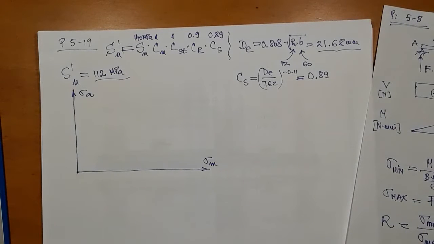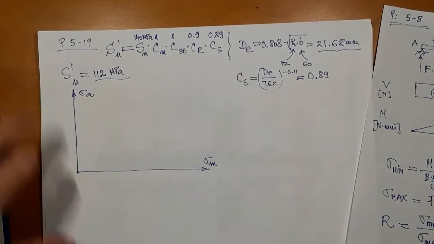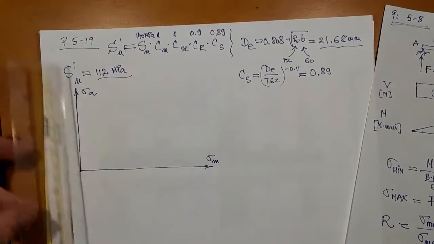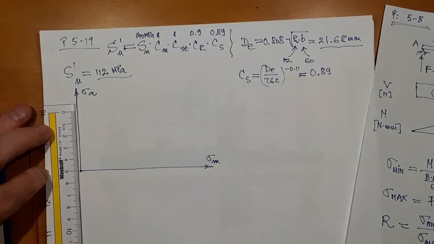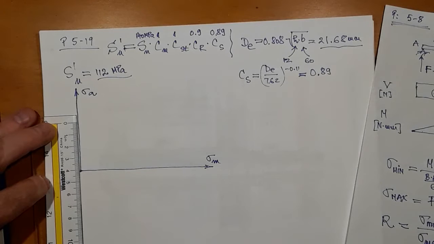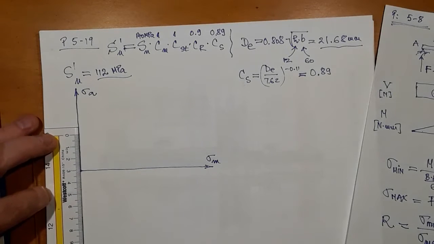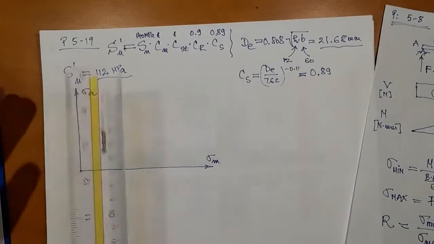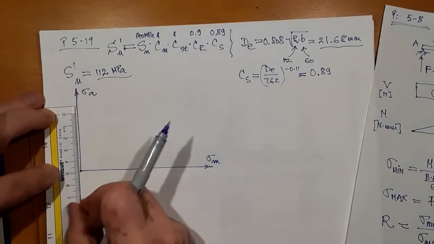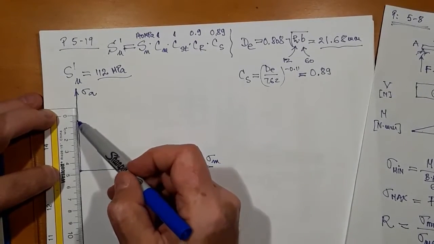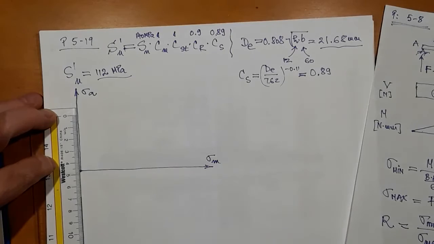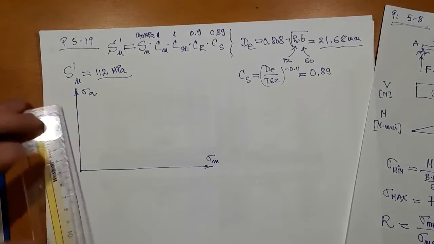The points that go on the diagram are the yield strength. Let's see, we'll work with millimeters. I could have started with a larger area of the paper or a new blank page.